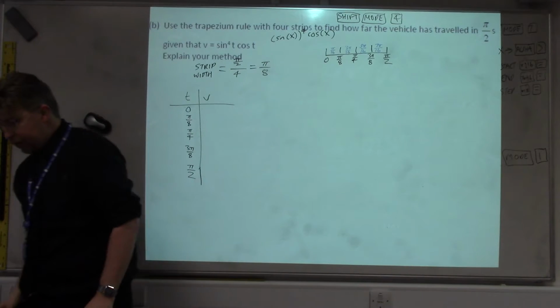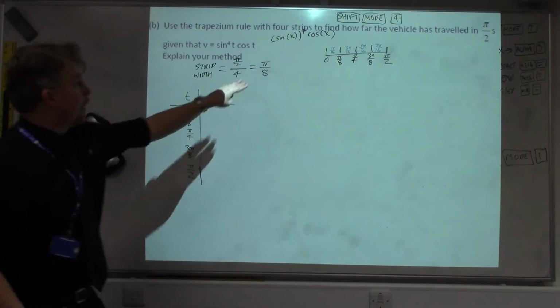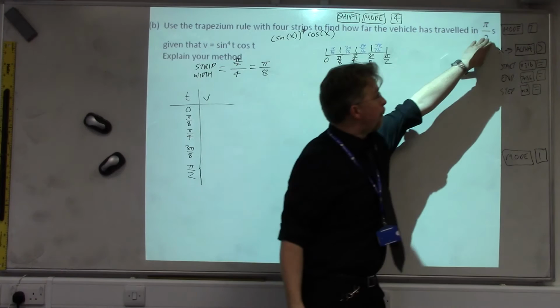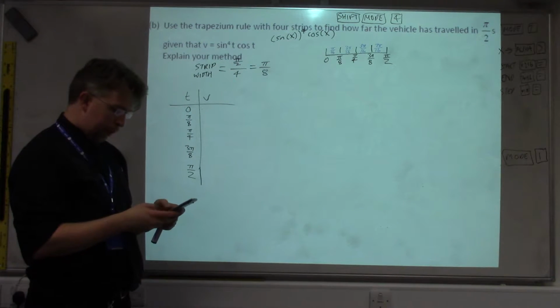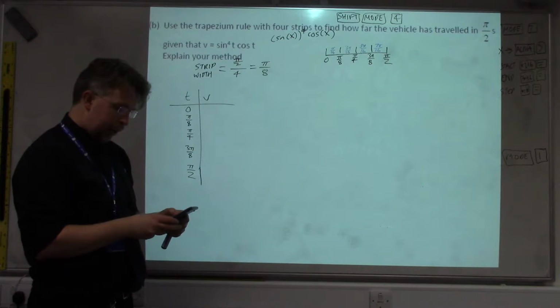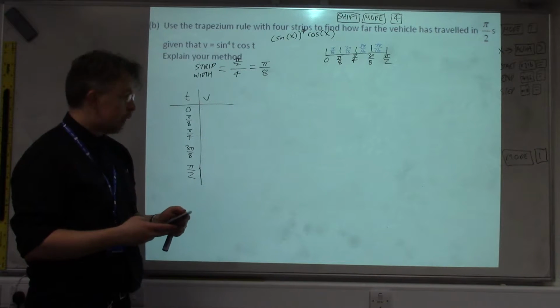So in table mode again, mode 7, you need to fill in the function: open bracket, sine alpha x, close bracket to the power of 4, times cos alpha x, close bracket, equals.